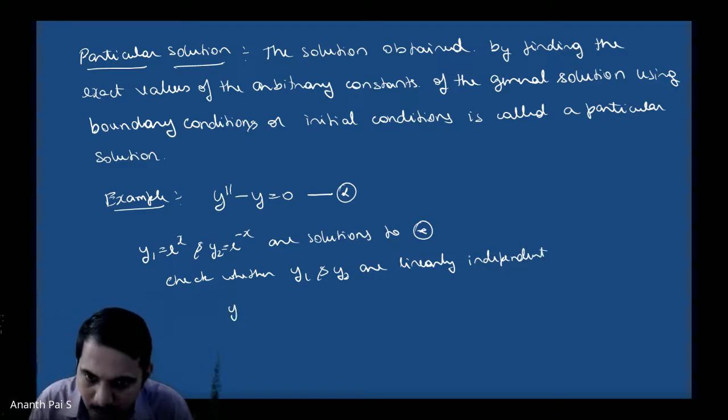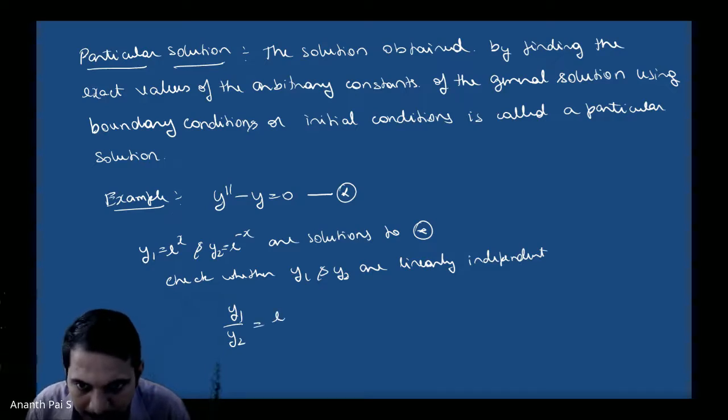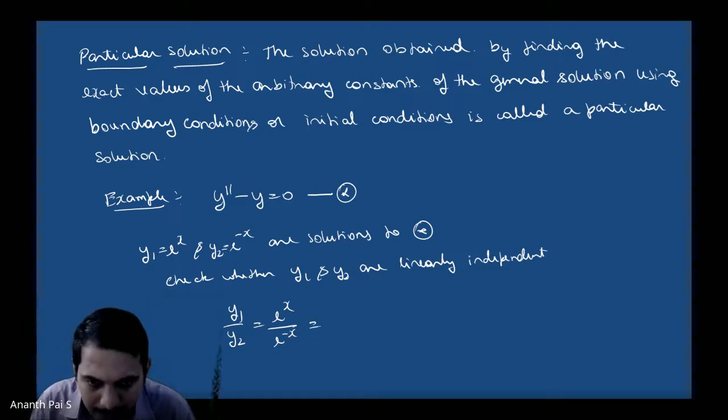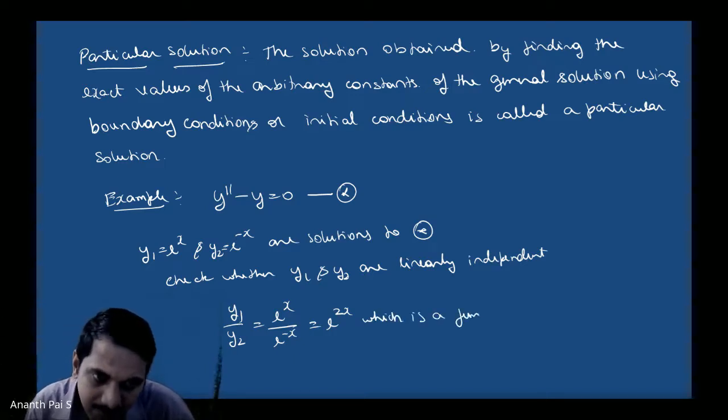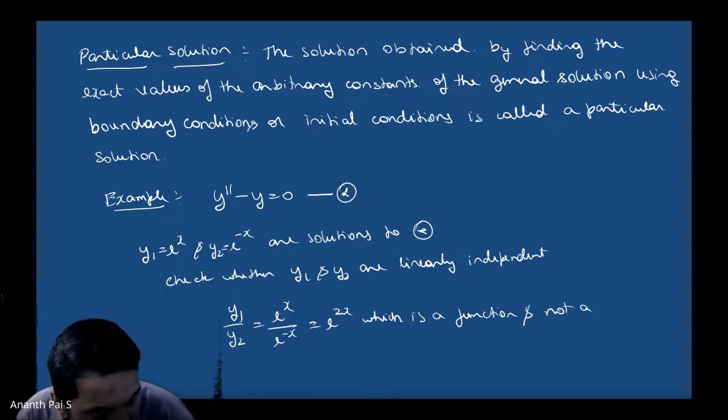Check what is y1 by y2. E power x divided by e power minus x. What do you get? E power 2x, which is a function and not a number.